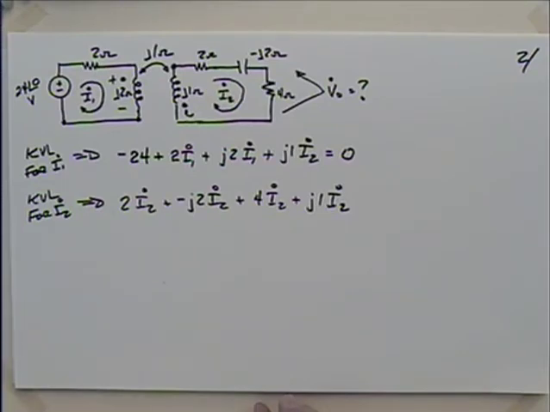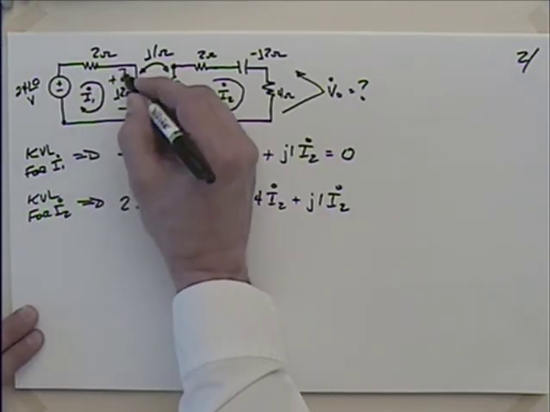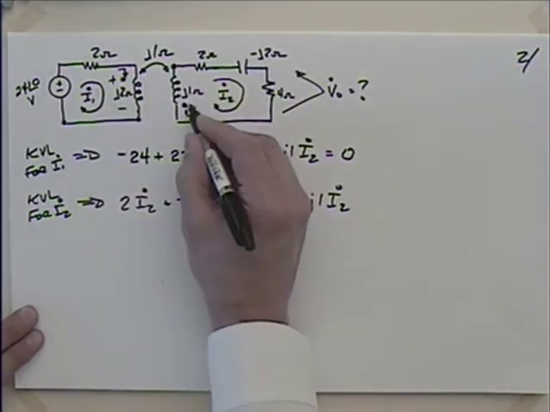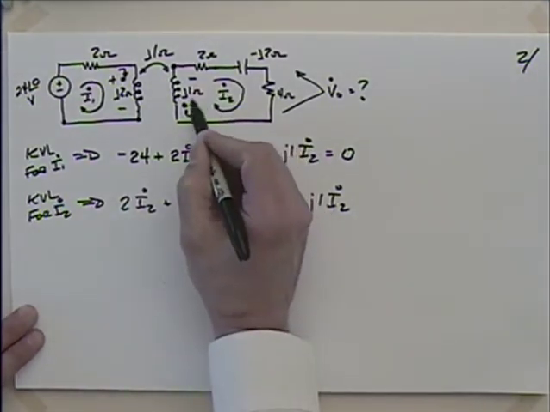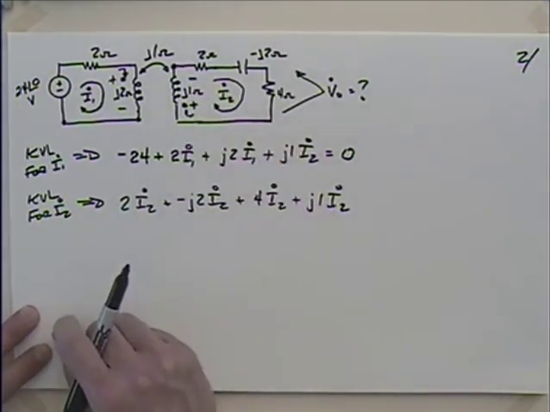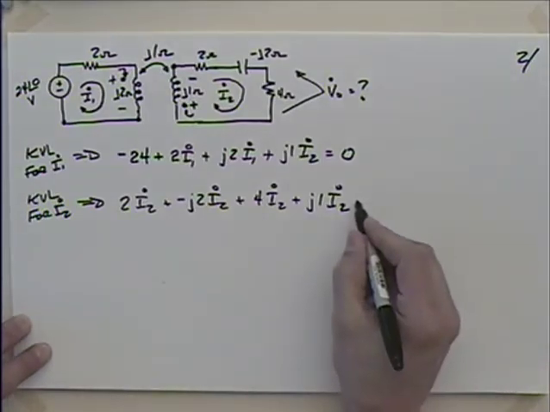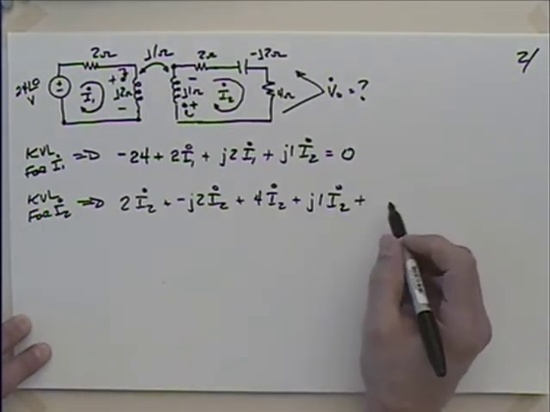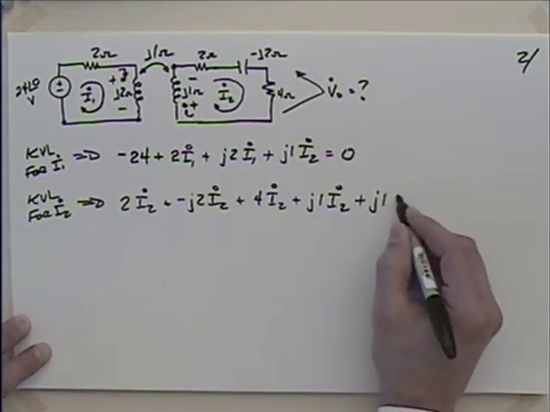I think so. But there's a mutual term here, because this current here, I1, it's entering this dot, so it's going to induce voltage over here that is positive and negative like that, right? So as I go around there, I'm going to go from positive to negative. Going from positive to negative, that is a drop. How do I treat drops? Positive. I've chosen to take drops as positive, so it'll be positive j1 times I1.